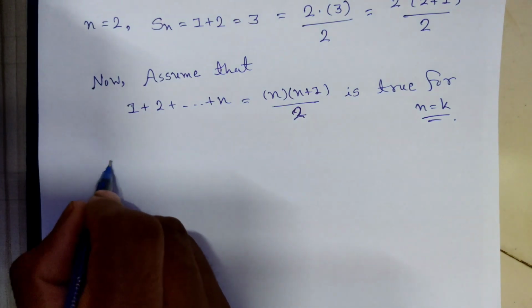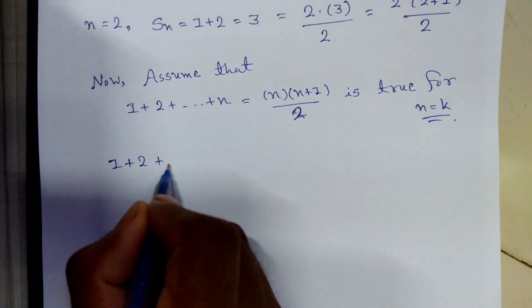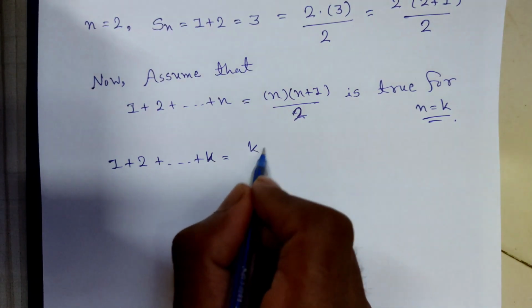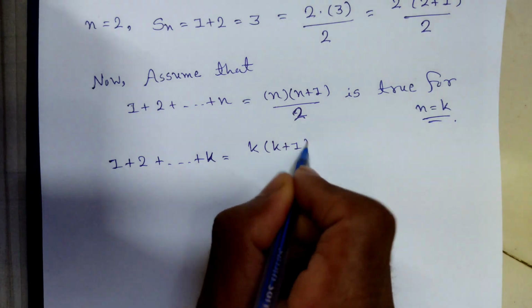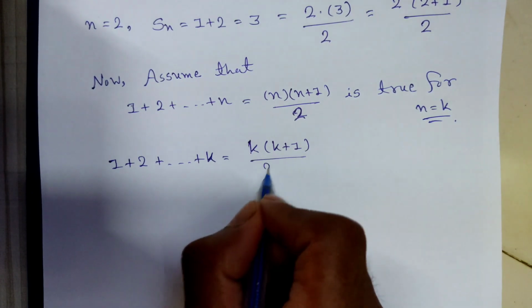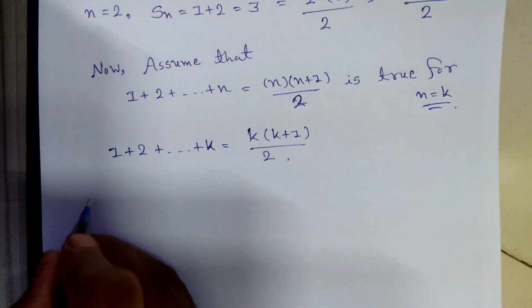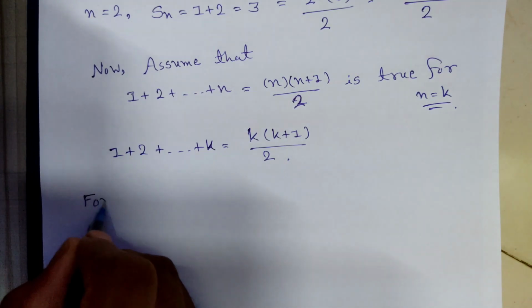So for n equals k, 1 plus 2 plus up to k will be k into k plus 1 by 2. Now we will prove it for n equals k plus 1.